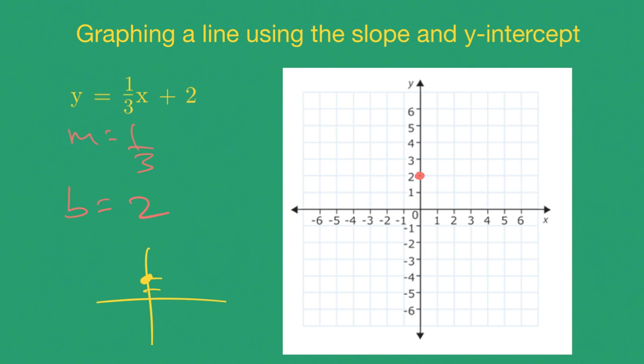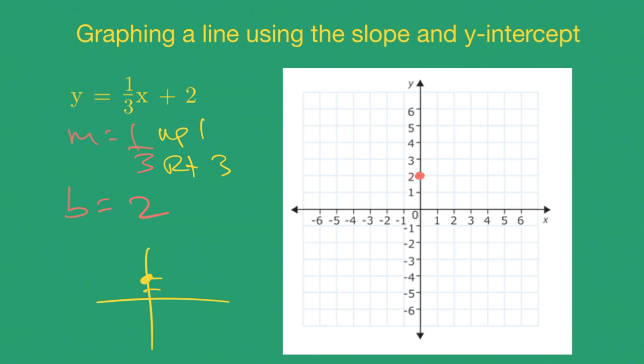The positive 3 tells me which way am I going over? To the right. Up is positive, right is positive. Down is negative, left is negative. So this slope is talking to me about going up 1, right 3.